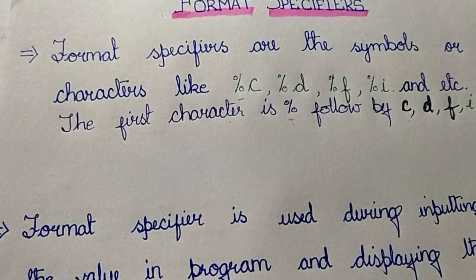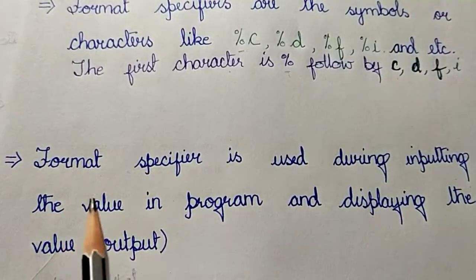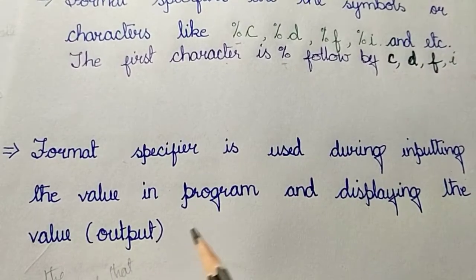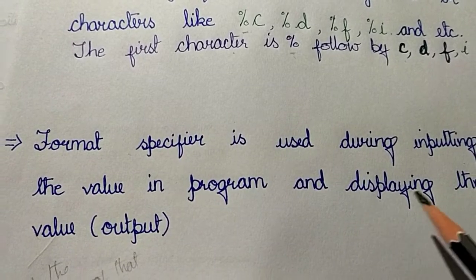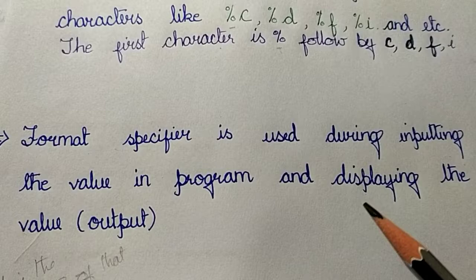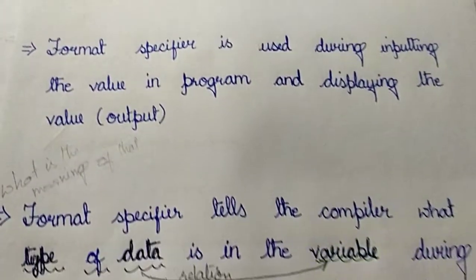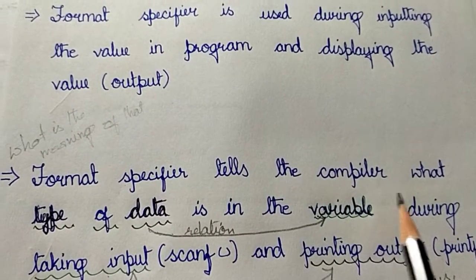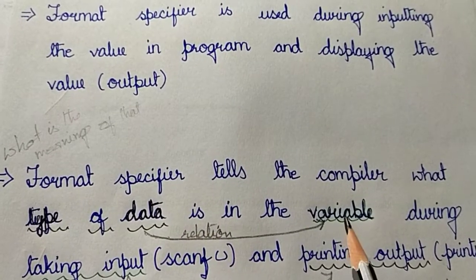So where can we use the format specifier? The format specifier can be used when inputting a value in the program, or when you want to display a value as output. To make it easier to understand, the format specifier tells the compiler what type of data is in the variable.